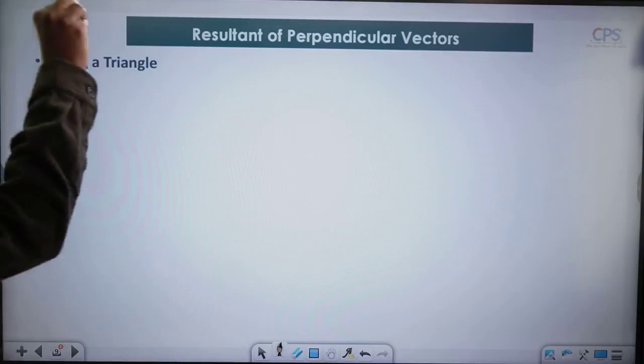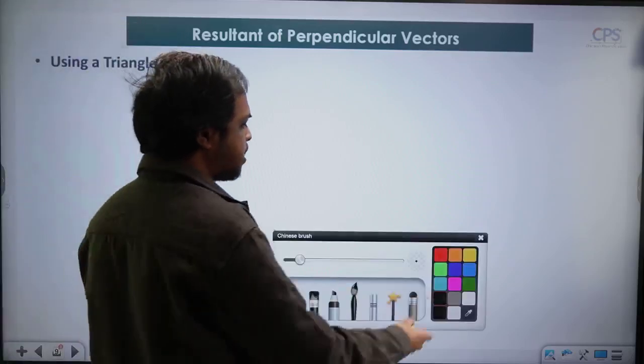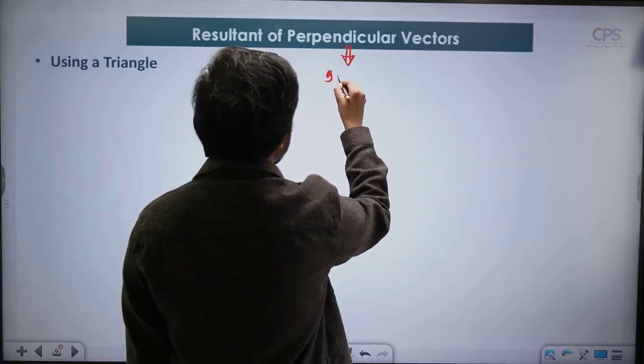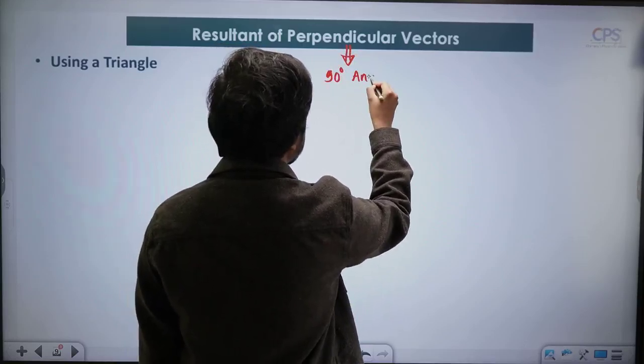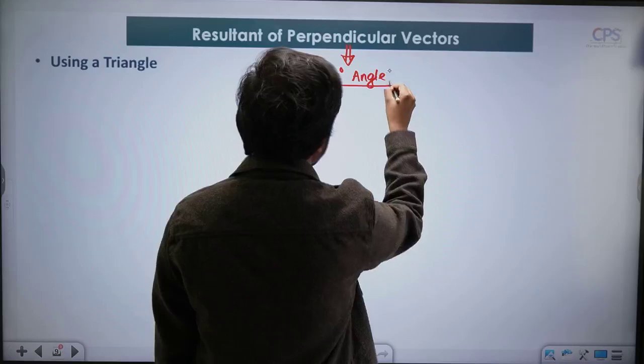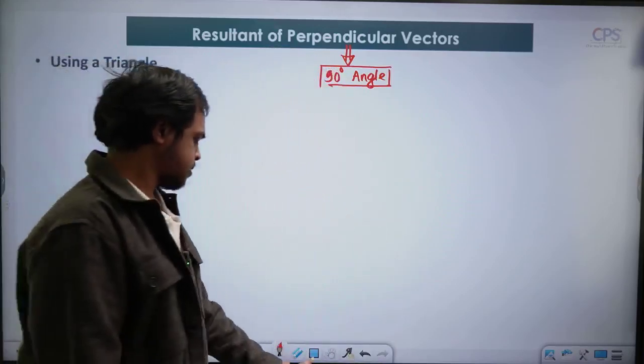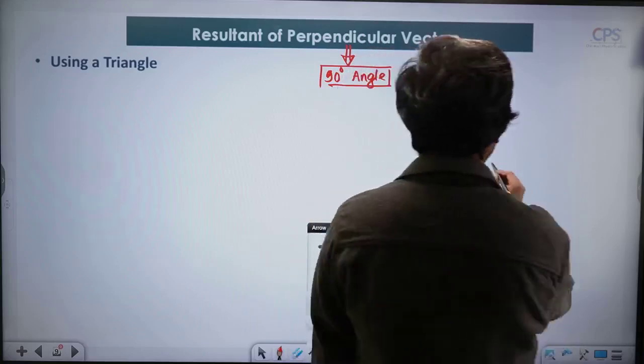Resultant of perpendicular vectors. Perpendicular means vectors at a 90-degree angle, perpendicular to each other. See, let's say there are two vectors.